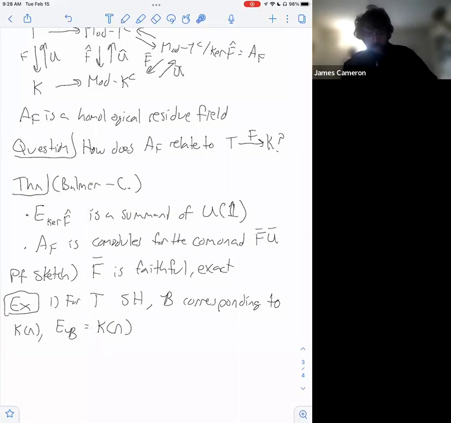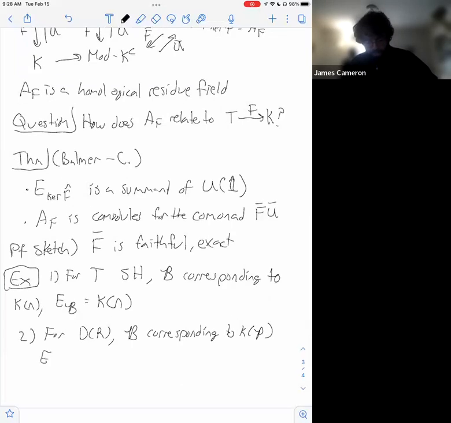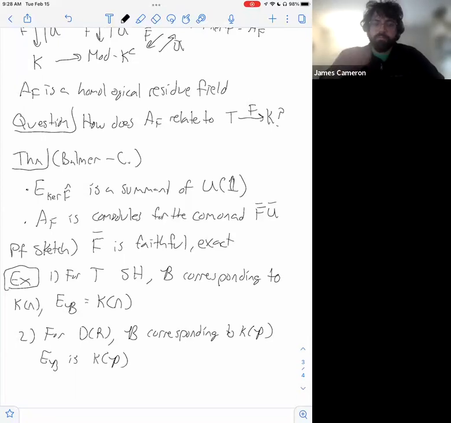Okay, and then similarly for the derived category of a ring, and I have a prime P corresponding to a residue field, so kappa P being the residue field at P, this object E_P is just kappa P itself, thought of as a complex concentrated in degree 0.